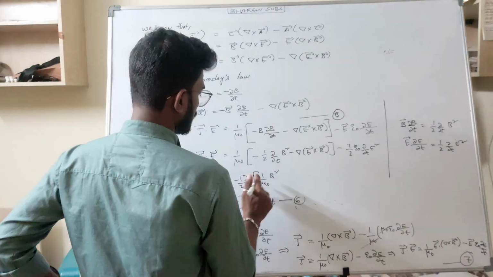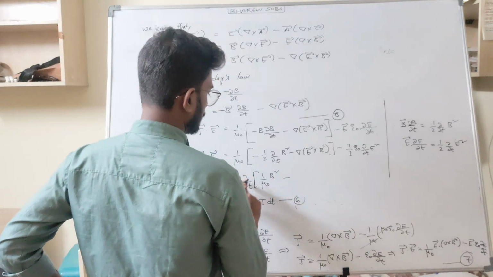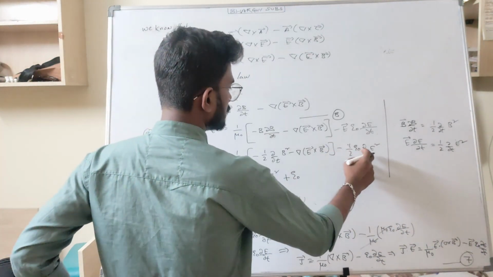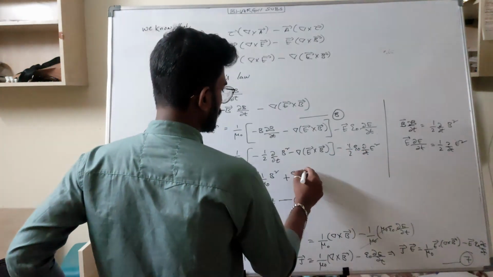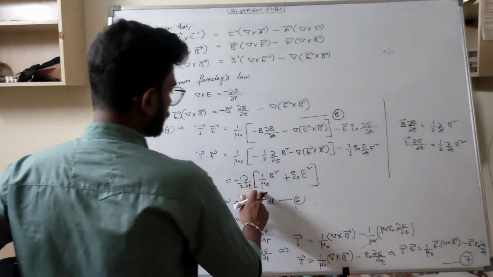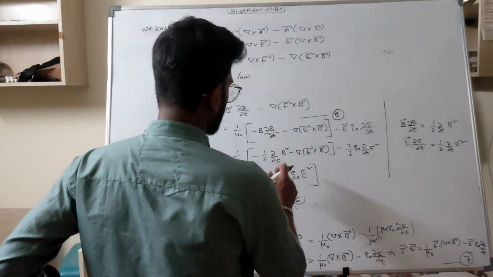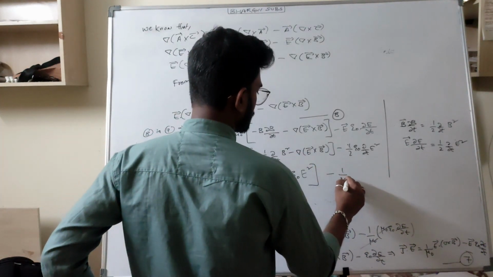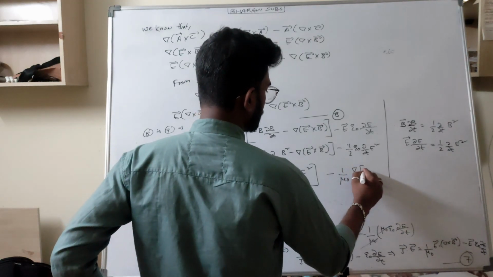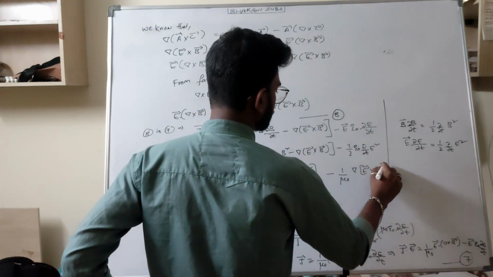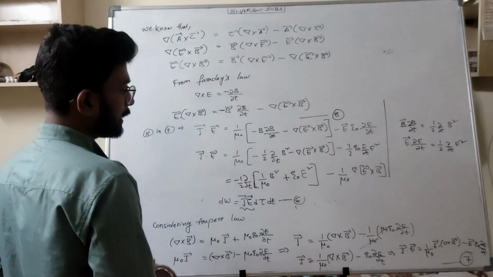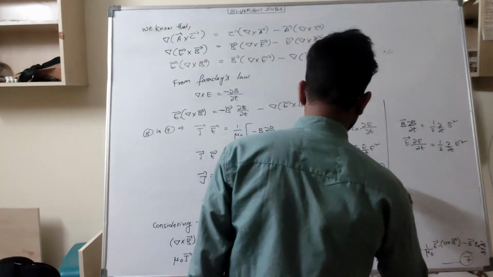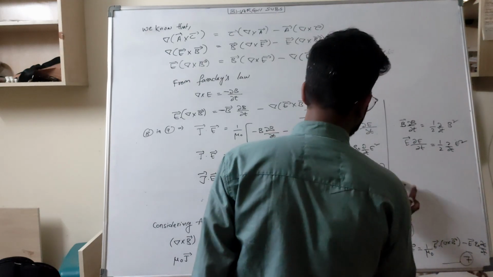Plus epsilon naught E square, okay, 1 by mu naught B square plus epsilon naught E square, minus 1 by mu naught del of E bar cross B bar. Okay, so now I got J bar dot E bar.